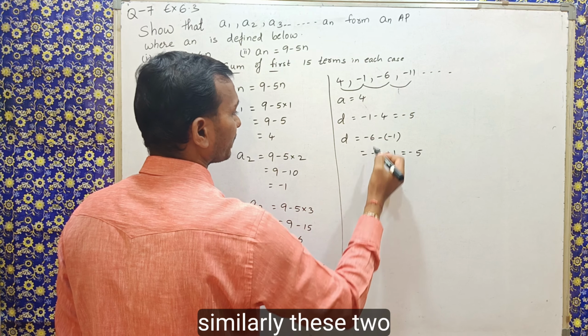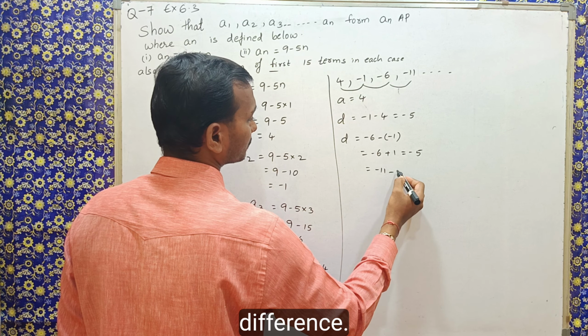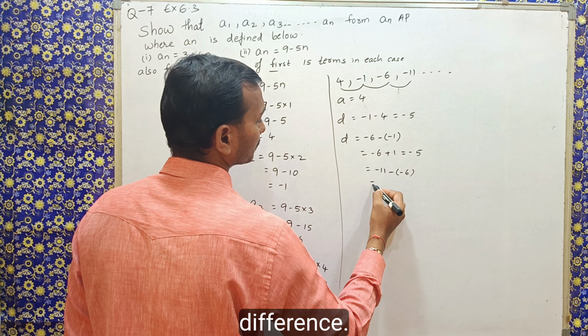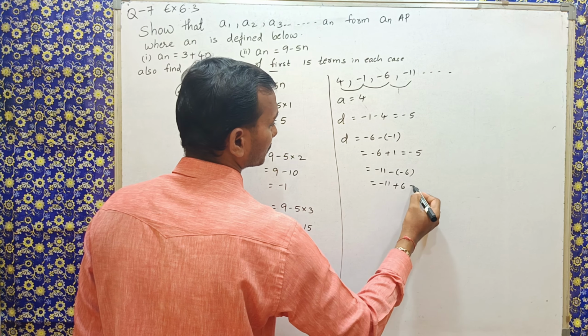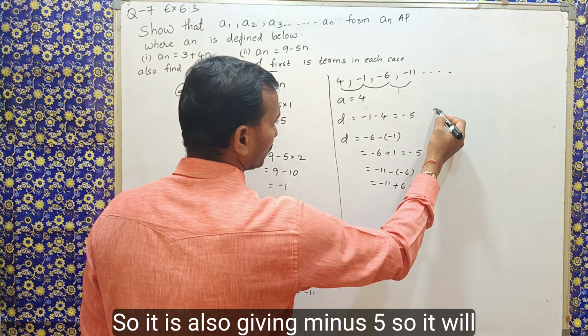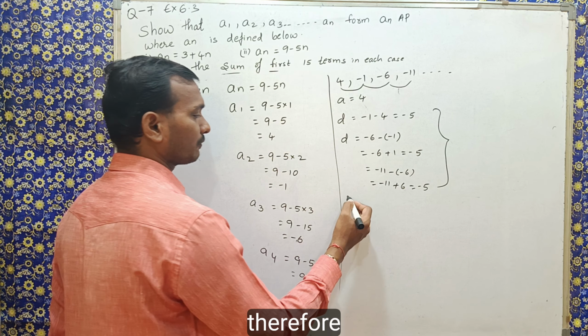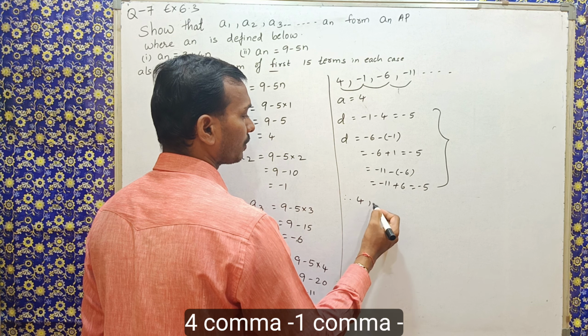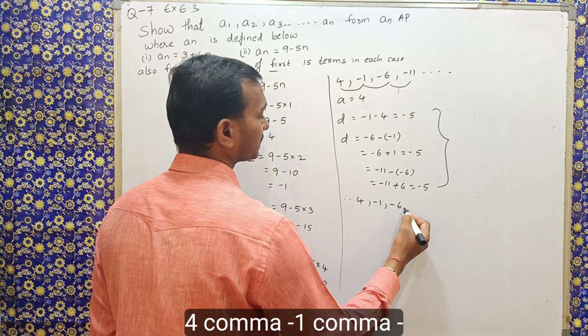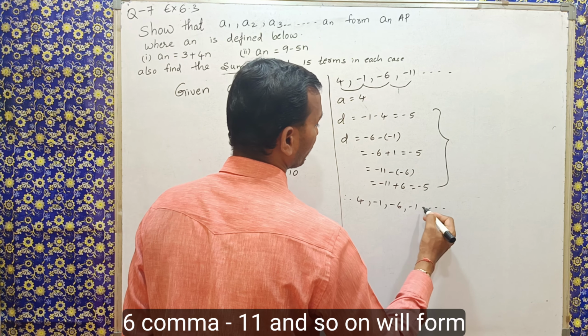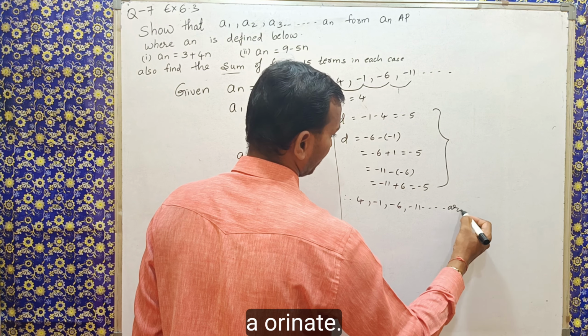Similarly, these two difference is also giving minus 5. So it will form an AP series. Why? Because the difference is same. Therefore, 4, minus 1, minus 6, minus 11 and so on will form an AP.